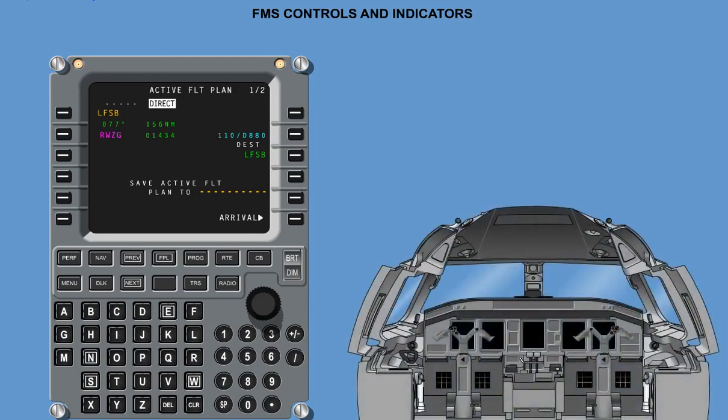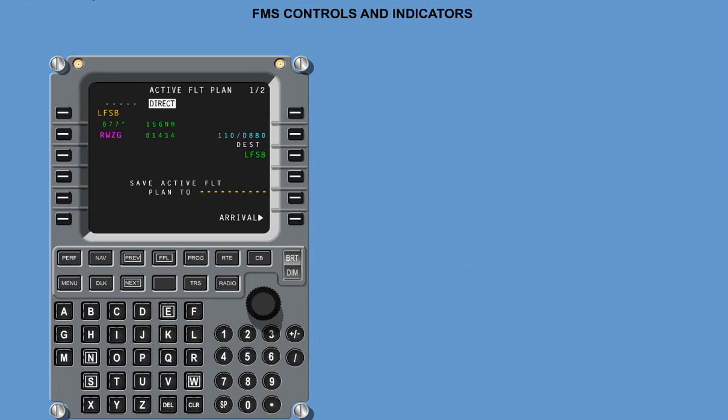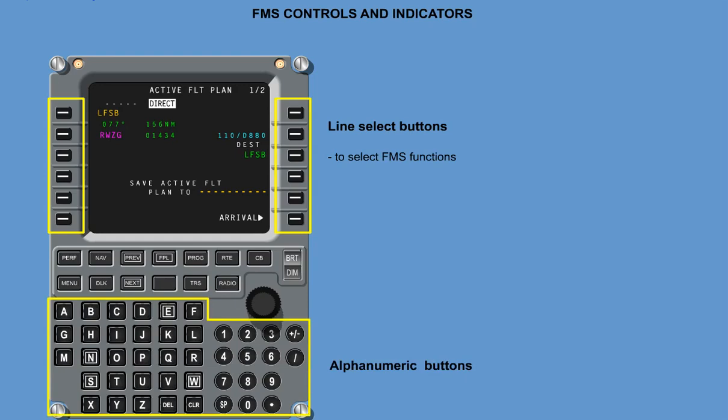The MCDUs are installed on the central console located next to each crew member seat and are easily accessible and readable. Line Select buttons. There are 2 line select keys on the MCDU to select FMS functions. They are used in conjunction with the alphanumeric buttons.